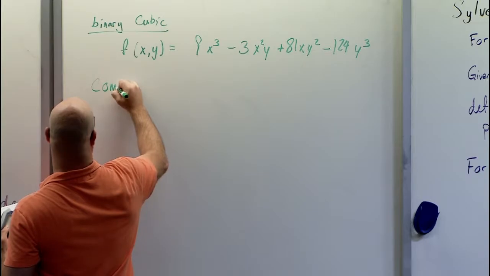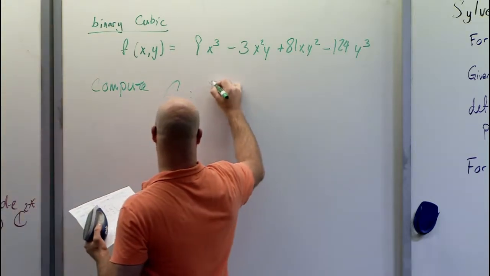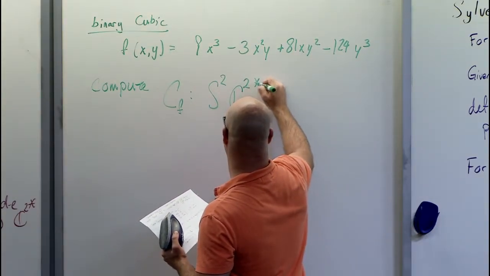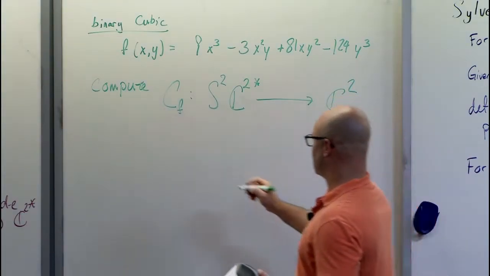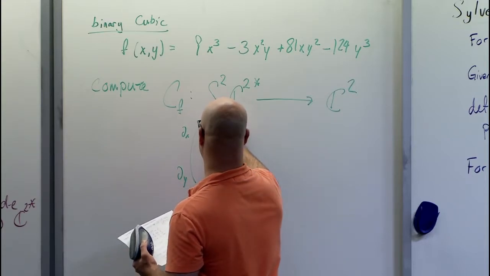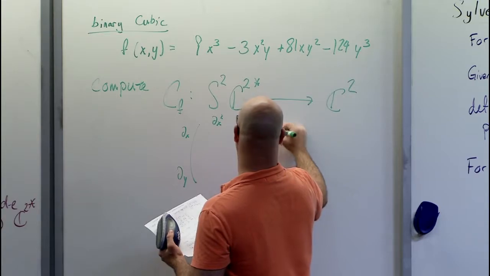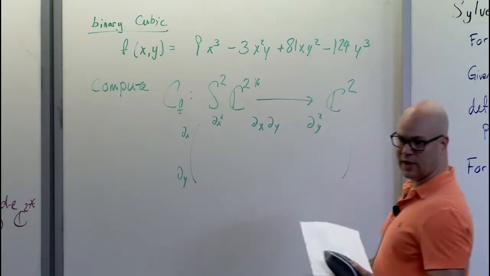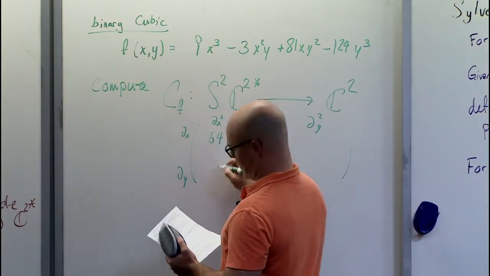So compute the catalecticant map. So this catalecticant goes from Sym^2 C^2 star to C^2. And let's write down the flattening with labels. So d by dx, d by dy, dx squared, dx dy, dy squared. Those are the labels for the matrices, and let's just fill in all of the entries.